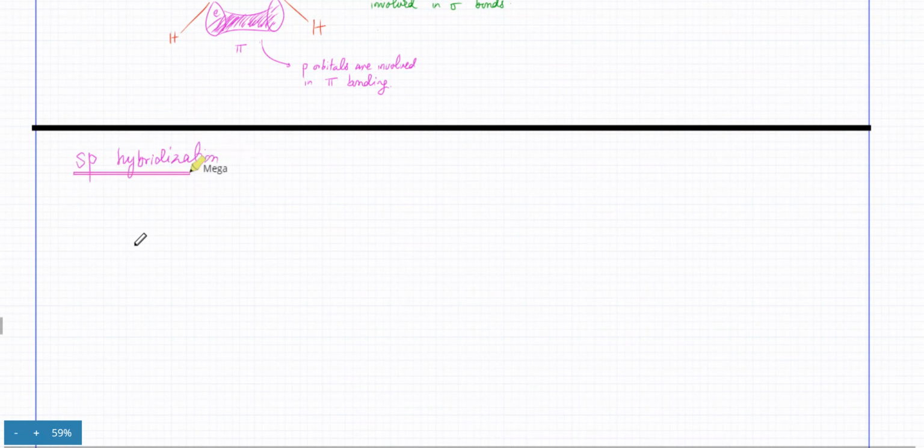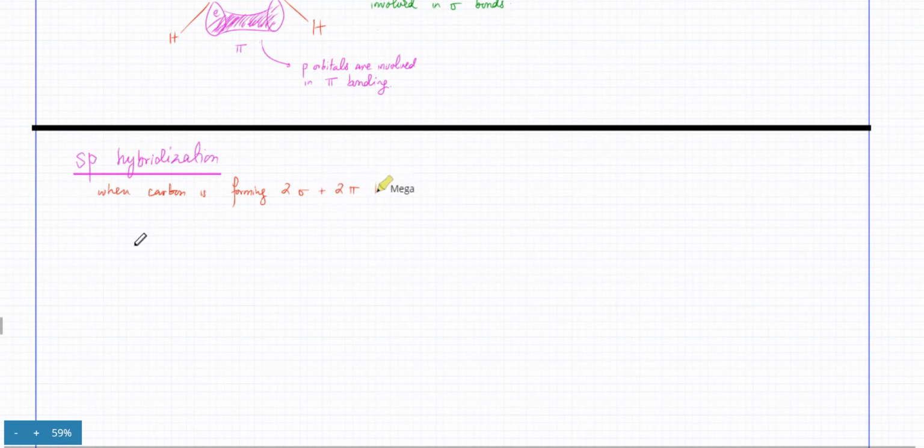Now in sp hybridization, the first thing is when would sp hybridization happen? It's going to happen when carbon is forming 2 sigma and 2 pi bonds.